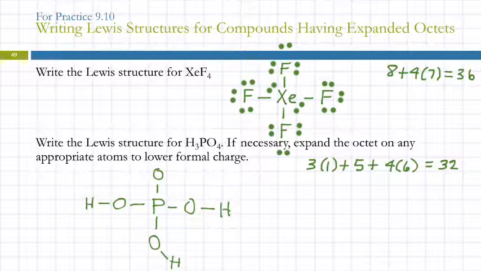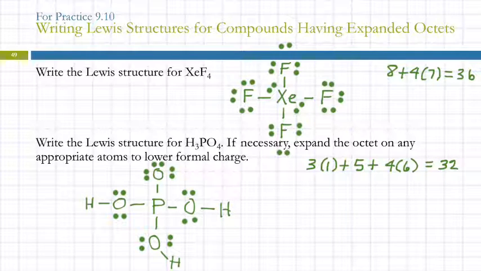I would encourage you to use a calculator. 2, 4, 6, 8, 10, 12, 14, 16, 18, 20, 22, 24, 26, 28, 32. 32 electrons. So this looks like it would be great, right? We got the right number of valence electrons, everybody's got octets, we're all good until we look at formal charges.